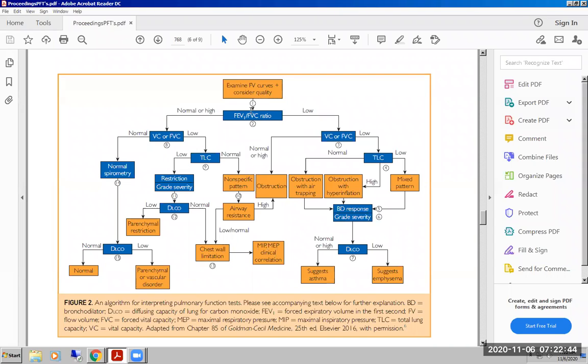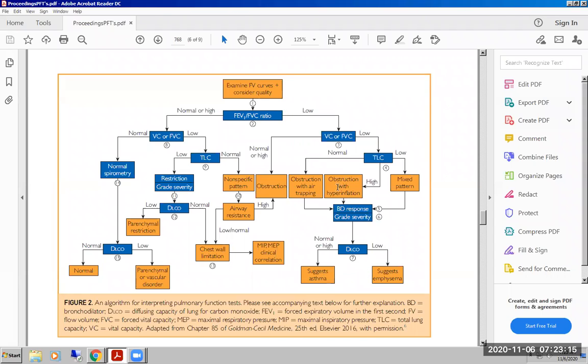All right, so that's the normal to high FEV1 to FVC ratio side of the equation. If we go the other way, low, then we go to vital capacity, forced vital capacity, low. We go to total lung capacity, normal, high, or low. And here's the mixed pattern there, mixed obstruction and restriction. And then you can grade bronchodilator response, look to the DLCO, and this is the classic distinction that you are well aware of.